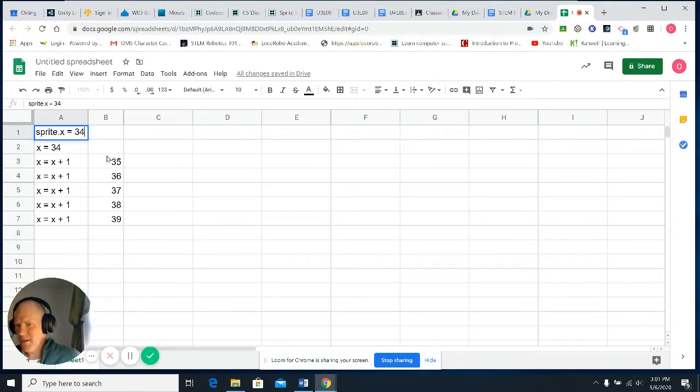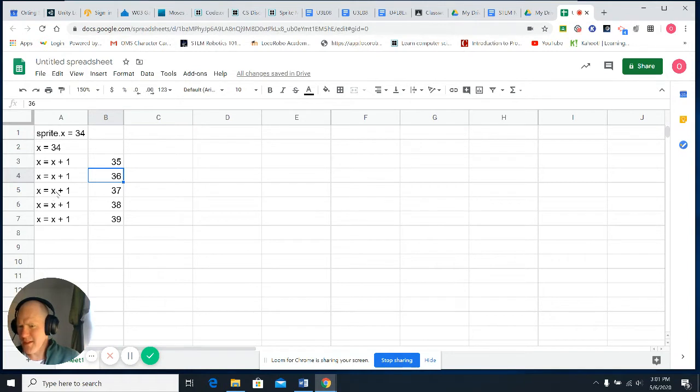What's plus 1? 35. So then in the next line of code, 35 goes here in this x equals x plus 1. And that's going to equal 36, because remember in this line, x was 35.